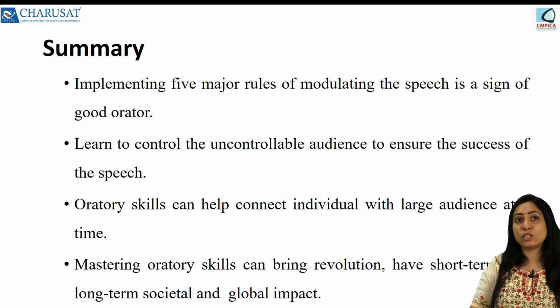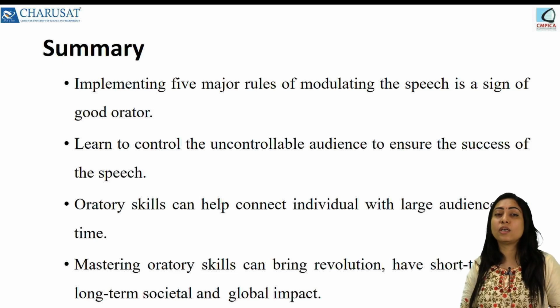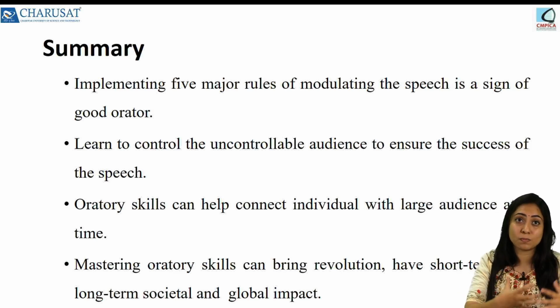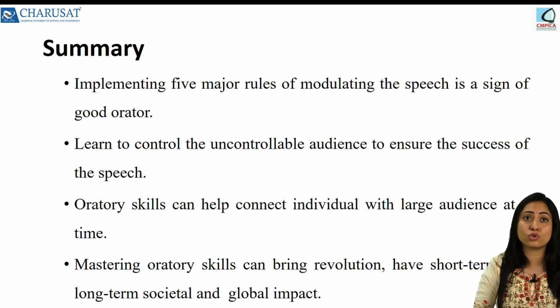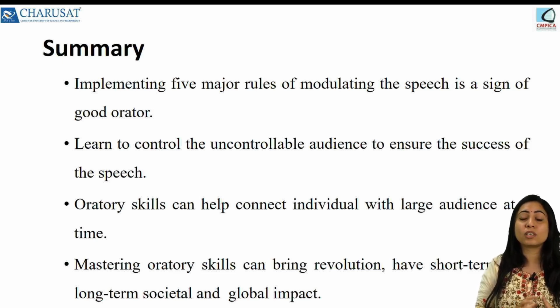And at the end, you need to know that mastering oratory skills can bring revolution and have short-term and long-term societal and global impact. Now that we have understood the different aspects of our audience, it is crucial to go back to the initial sessions we covered: it is the rhetoric, and the complete command over the audience that the orator has.